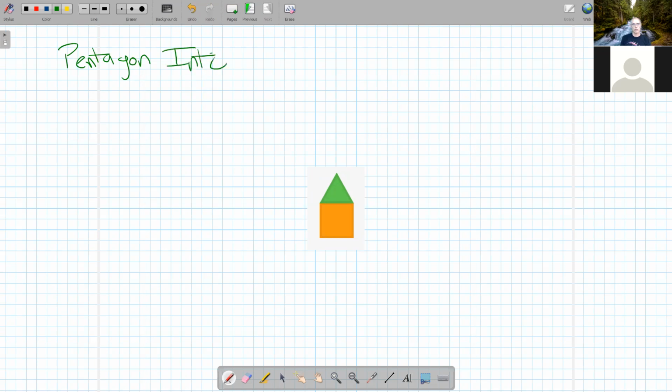Pentagon interior angle sum. And some people just said, hey, it's 540, with no evidence. And so that was kind of a problem. The point here was to play around with those toys and find some evidence. So we know from our previous activity that we have a 90-degree angle, a 90-degree angle, a 90-degree angle, and a 90-degree angle. And the triangle has 60, 60, and 60.